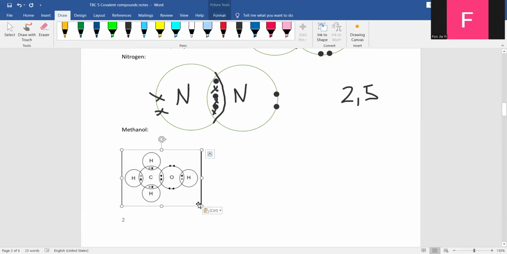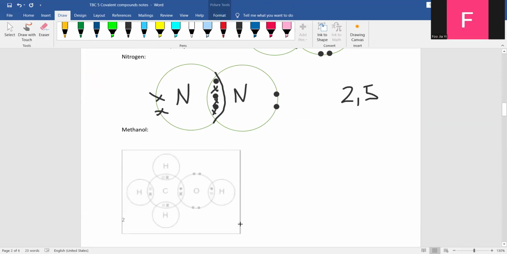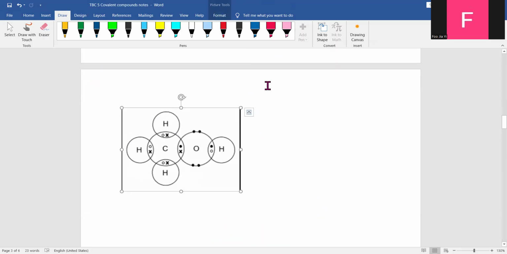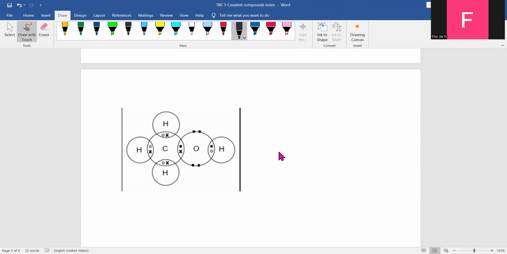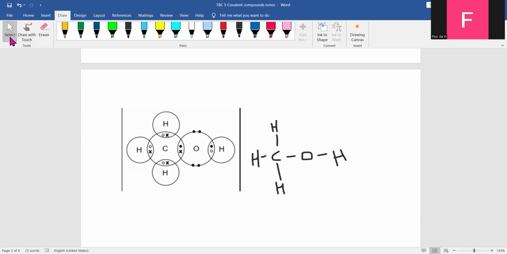Methanol will look like this. It is CH3. Did you get it correct, Jaren? Can you focus? Did you get it correct? CH3OH. This is methanol.